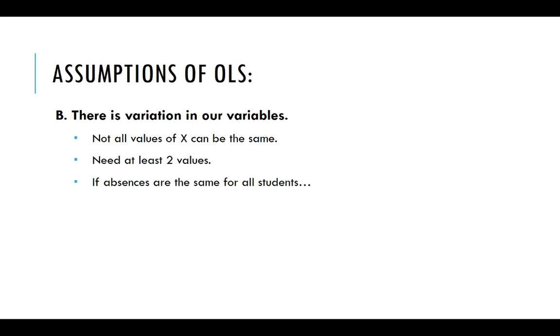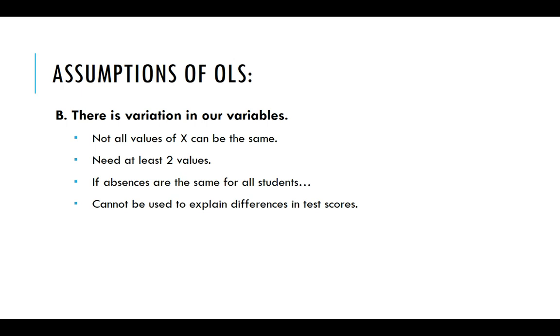For example, if absences are the same for all students, if every single student has 3 absences, then we can't use absences to explain differences in test scores. There's no variation that will help us learn how changes in absences matter. I'm only able to generate that kind of information from the fact that students have different numbers of absences.